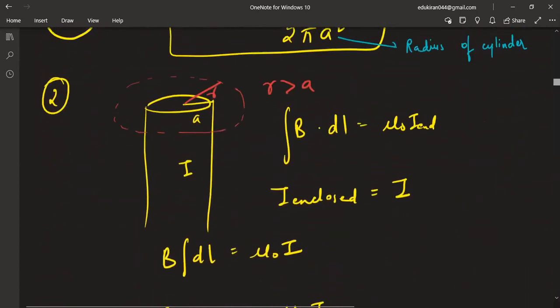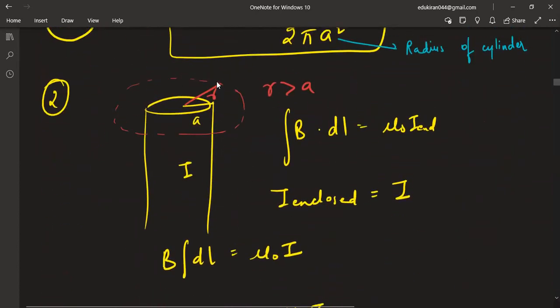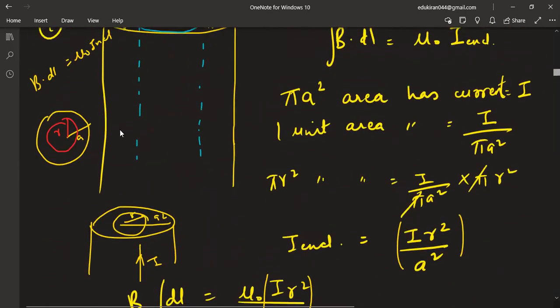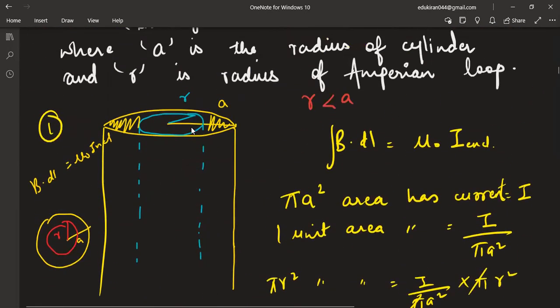Whereas in this part, what has happened? R is greater than this radius. The Amperian loop is greater than your cylindrical wire's radius. So what is happening? All of the entire current that is flowing through this wire is getting enclosed. So I enclosed is I here. Here the problem was that this was just taking a very narrow portion from it.